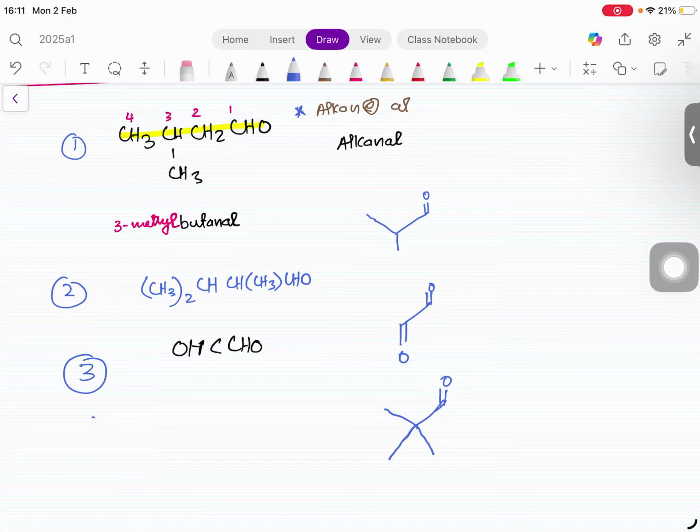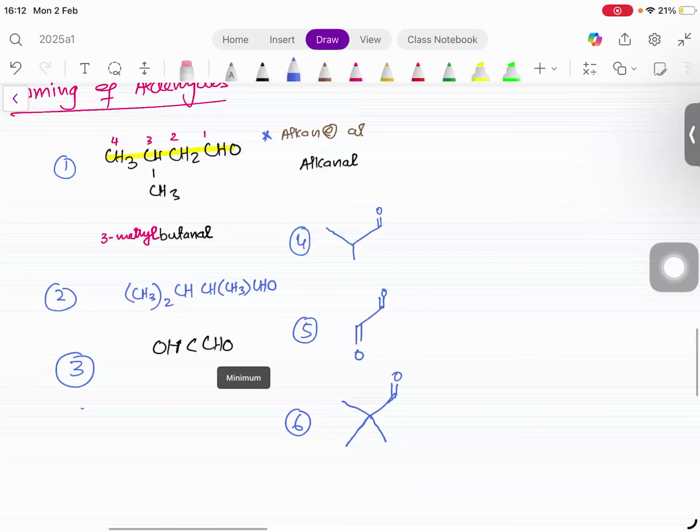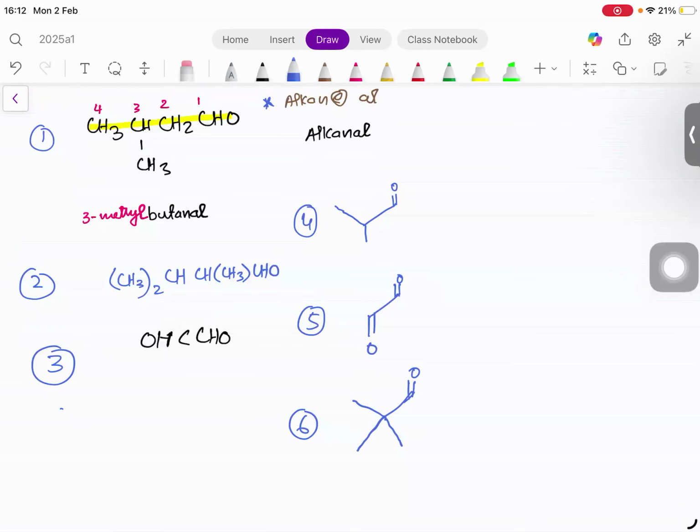Names of the following compounds, excuse me. 4, 5, 6. We have to write the names of these 6 compounds, which all of them are most probably the aldehydes.